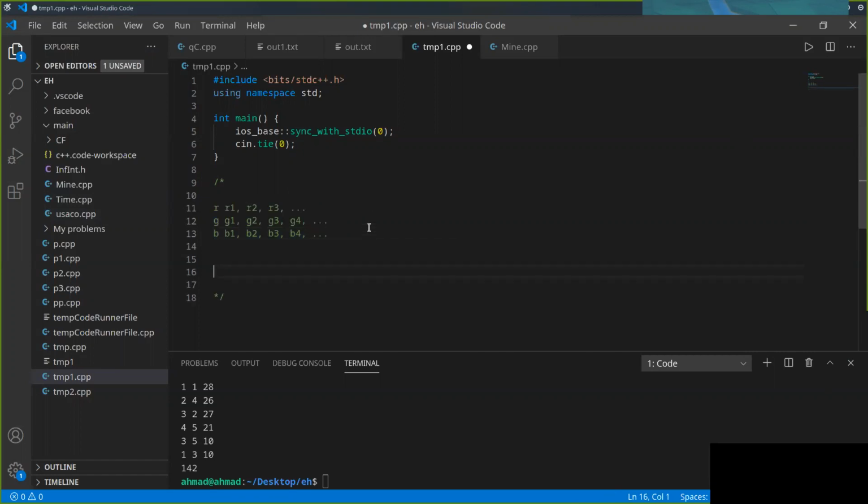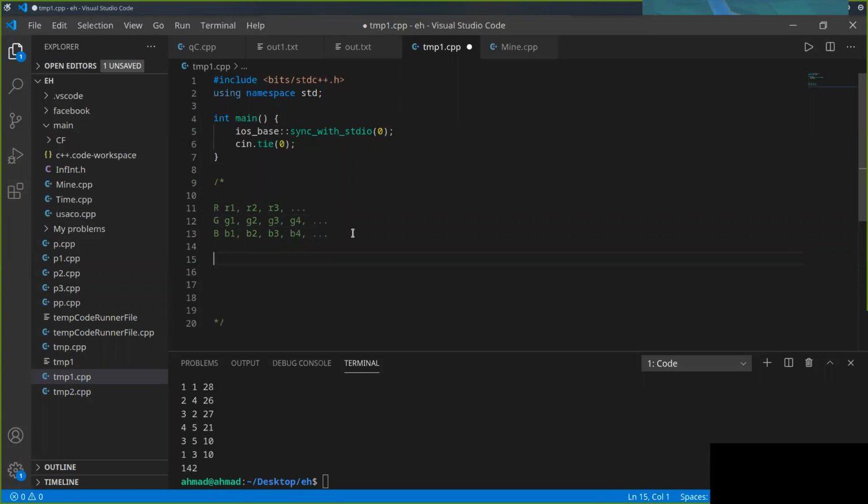Let's sort the values of R and G and B. If I sorted these values, that means they are in non-decreasing order. So R1 is smaller than or equal to R2, smaller than or equal to R3, G1 smaller than or equal to G2, and so on, B1 smaller than or equal to B2.